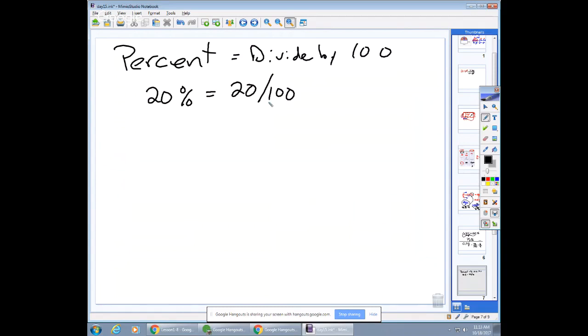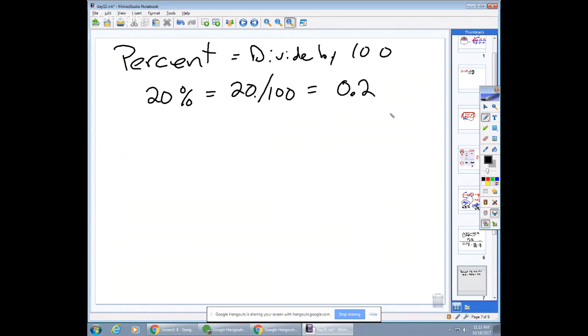From here, we could do a few things. We could whip it out in a calculator. We could realize that dividing by 100 is going to shift the decimal place of 20 two places to the left, making it smaller because we're dividing by a big number. So we get 0.2 when we do that. Plugging this into a calculator is going to give us that same thing.